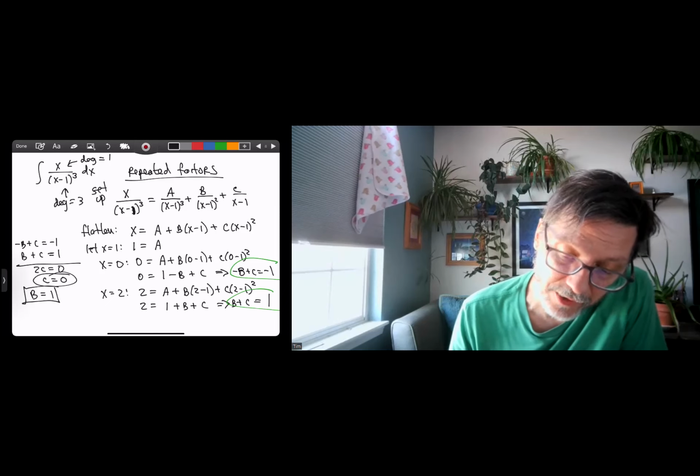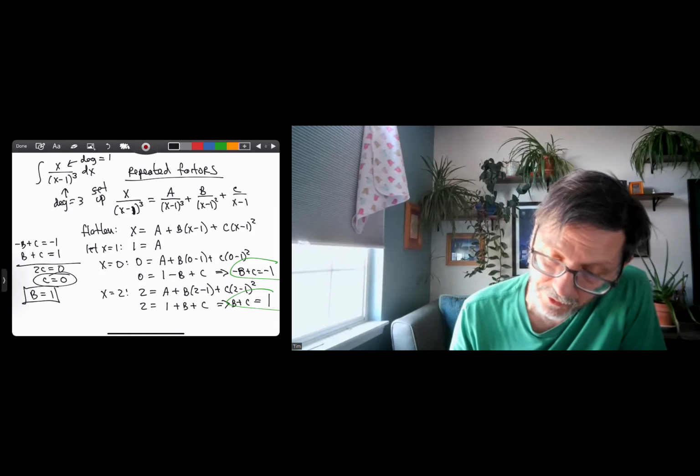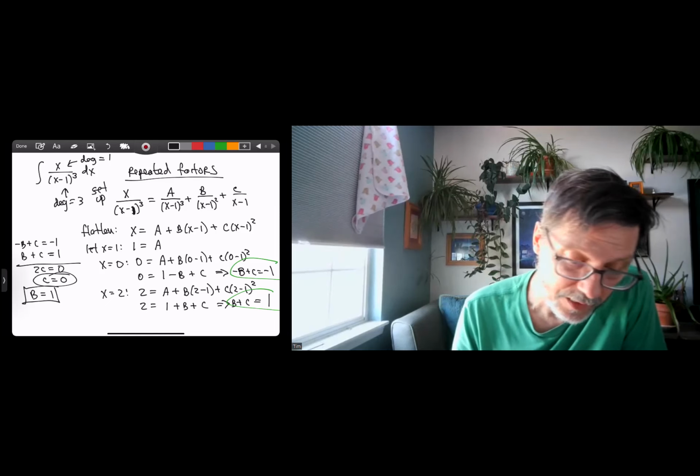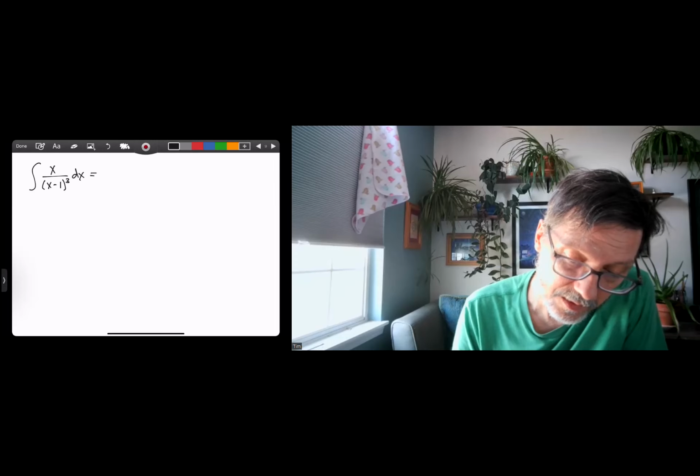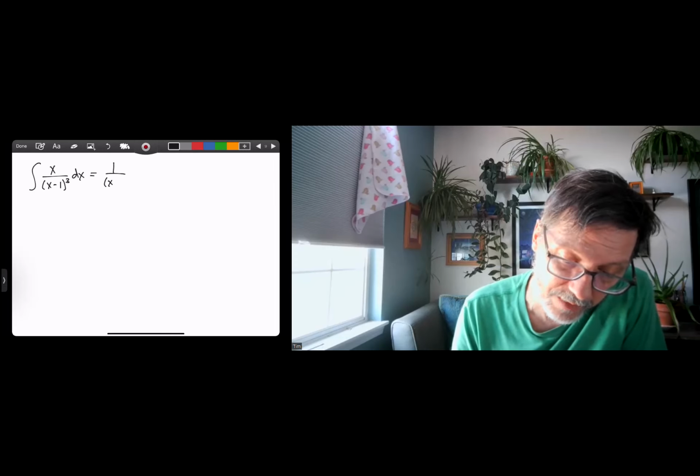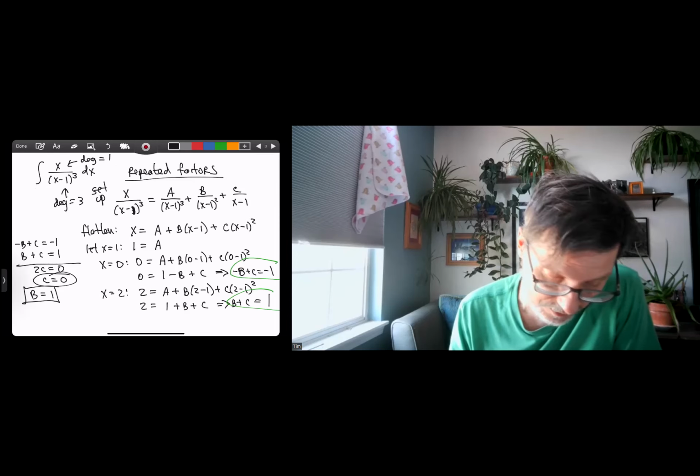So I'm going to flip the page if you want to pause and think about that for a second, because I'm going to finish this up. This is the last thing we're going to do for today. So what did this turn into? It was 1 over x minus 1 cubed. And then I've already forgotten.